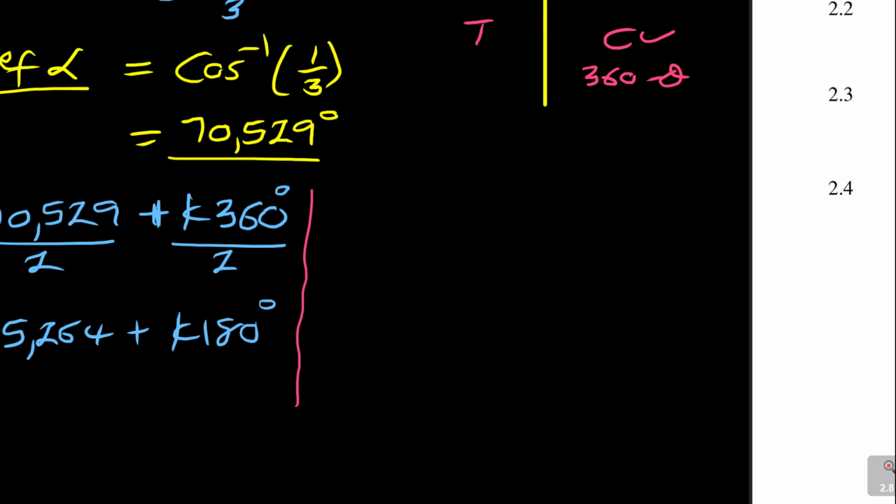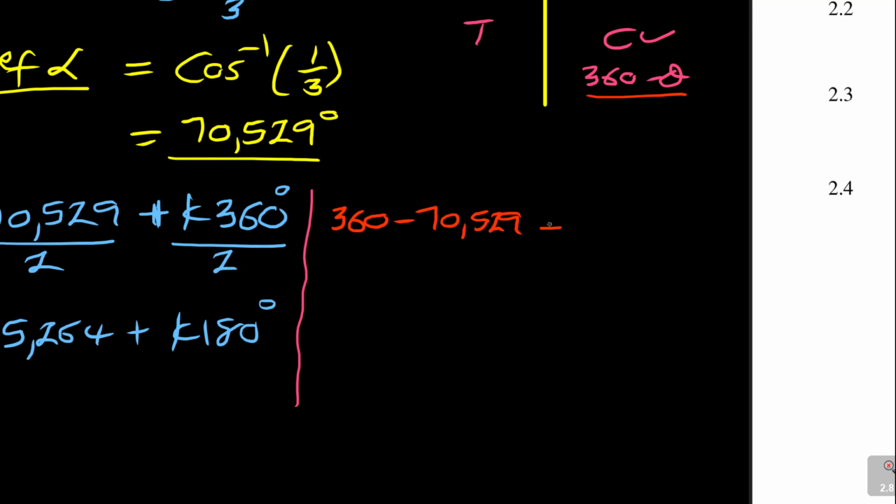Let me redo this. Let me use a different marker, the red. Remember, it's 360 minus the reference angle there. So it's 360 minus 70.529. Fourth quadrant: 360 minus reference angle, and then it's what?